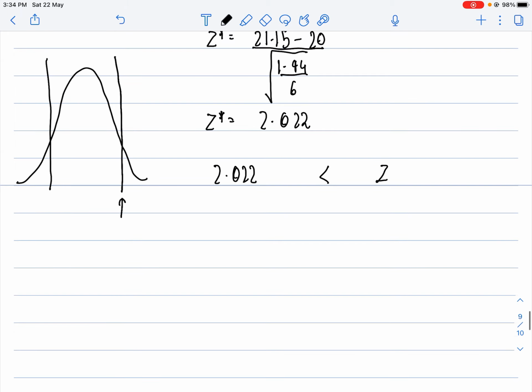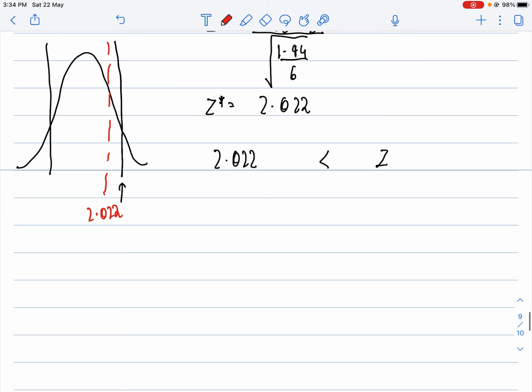So 2.02 lies somewhere here. Now I can calculate the value which is more than 2.022. So how do I do that?